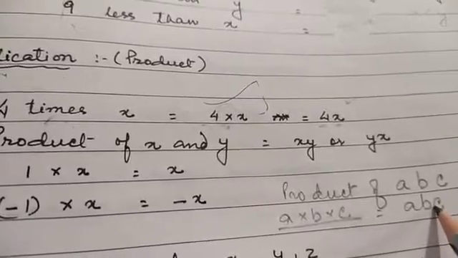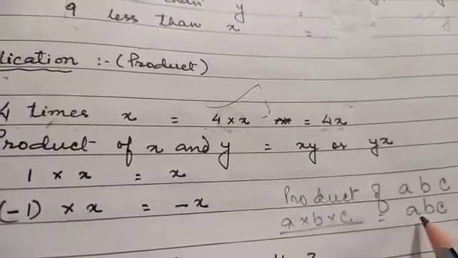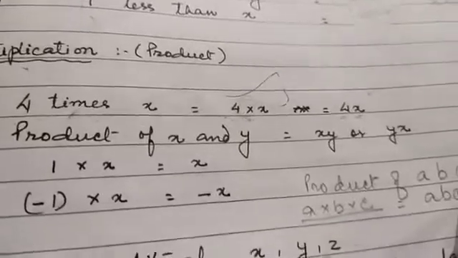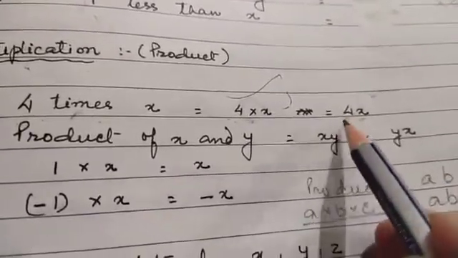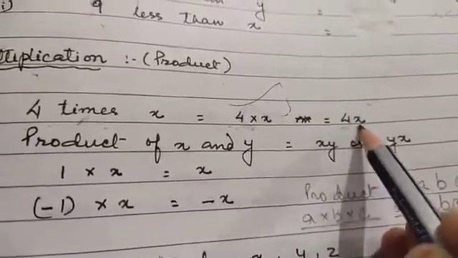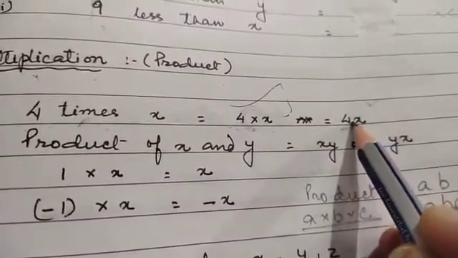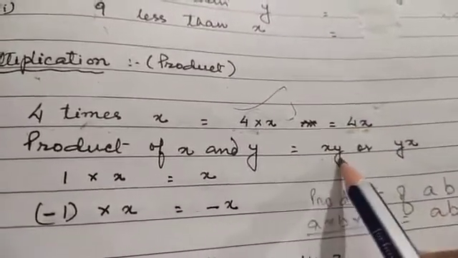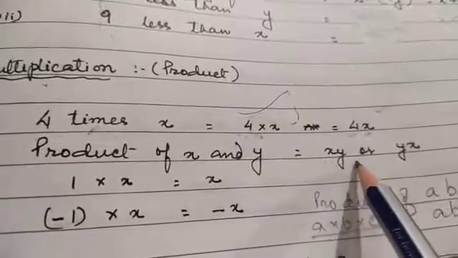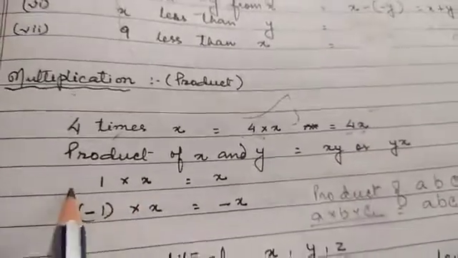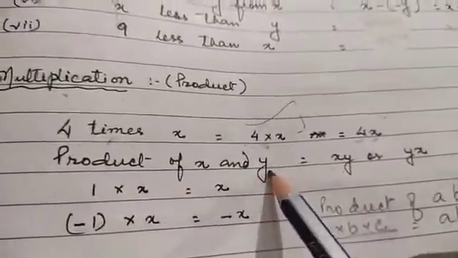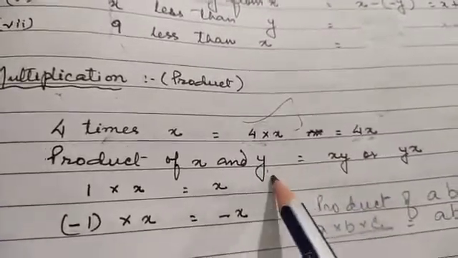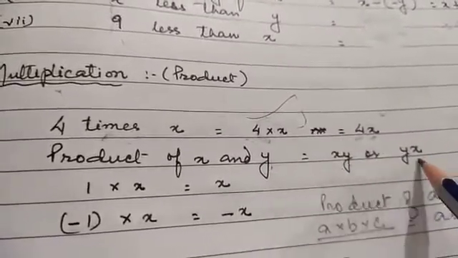No sign in between literals means it is being multiplied. No sign between a constant and a literal means it is multiplied. No sign between two literals means it is multiplied. So product of x and y is xy, or we can write yx.